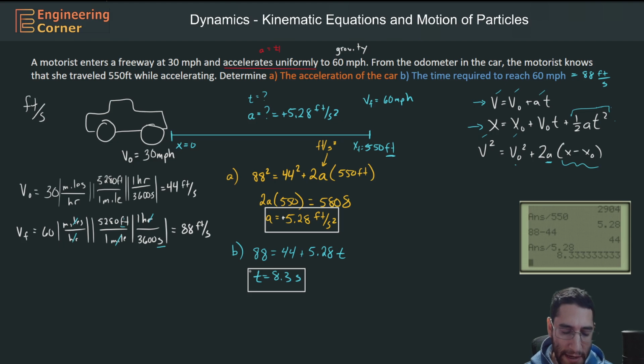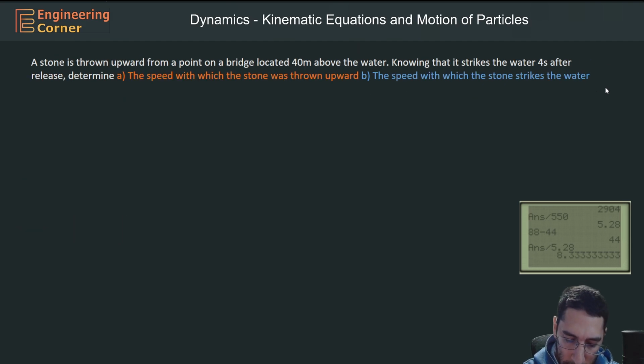So this was a relatively straightforward problem that you might have. It's a single particle. It uses the kinematic equations because the acceleration is uniform, and this is how you would go about solving that problem. So let's look at a second example.